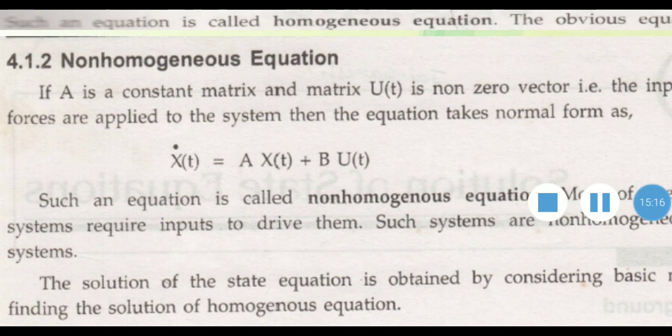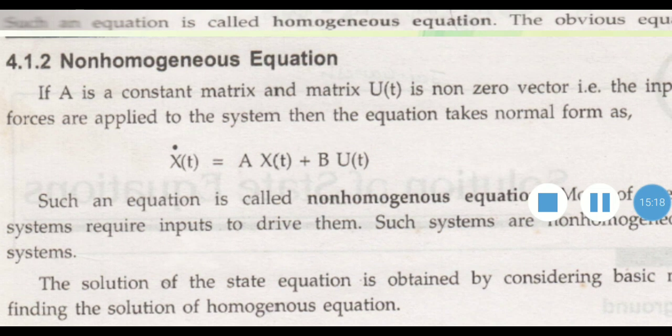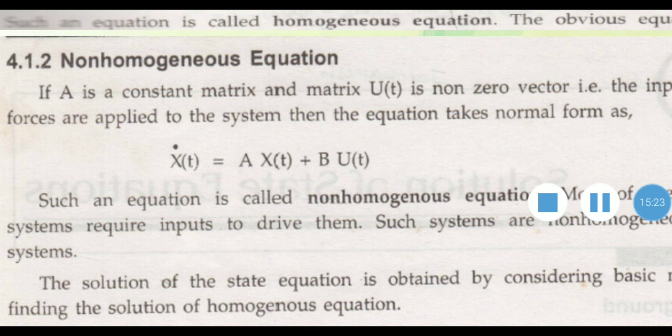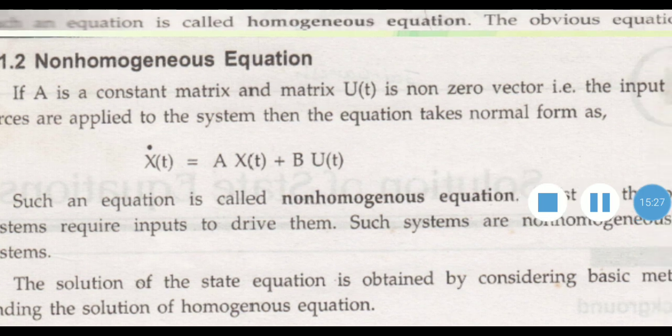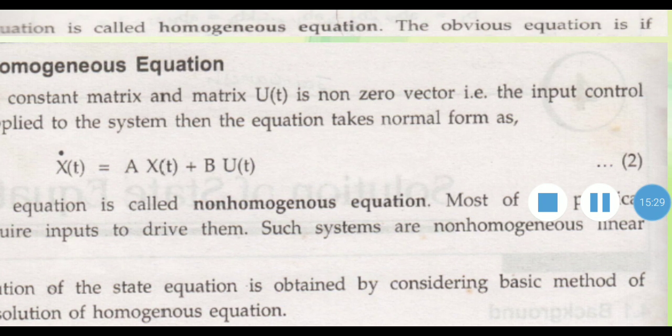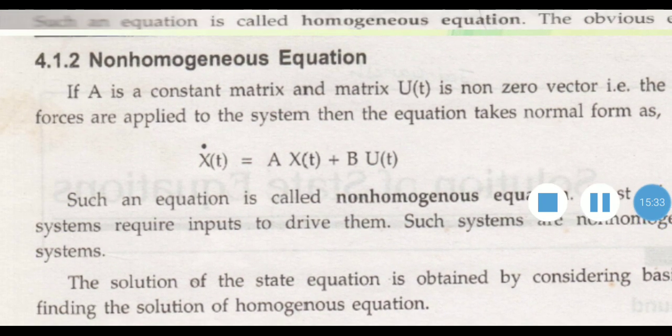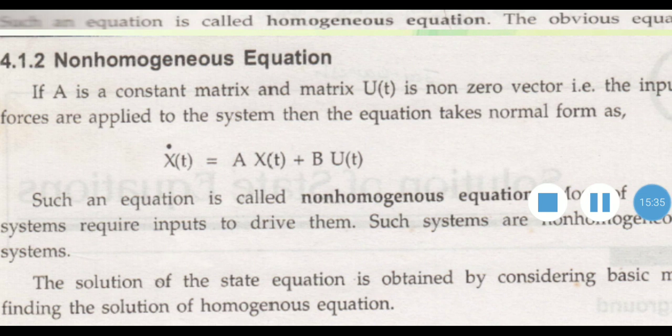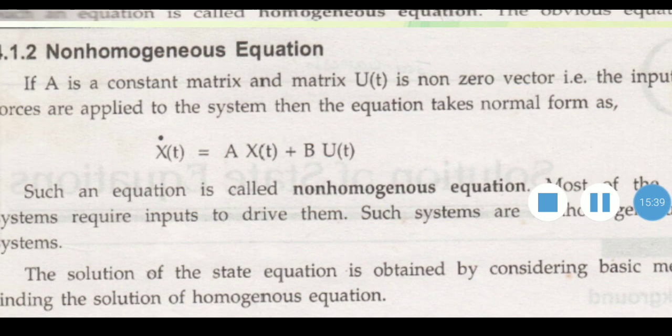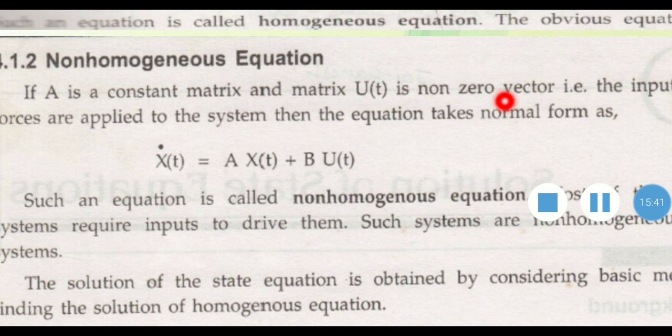We'll take A as a constant matrix and matrix U of t as a non-zero vector. Then, when input control forces are applied to the system, the equation takes the normal form x dot of t is equal to A x of t plus B U of t.